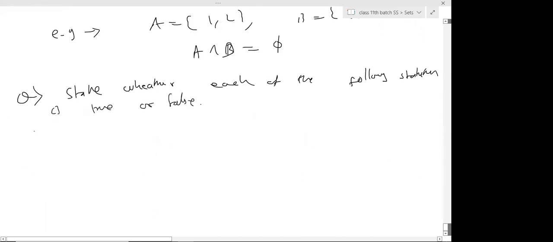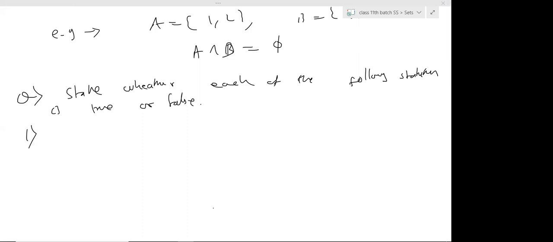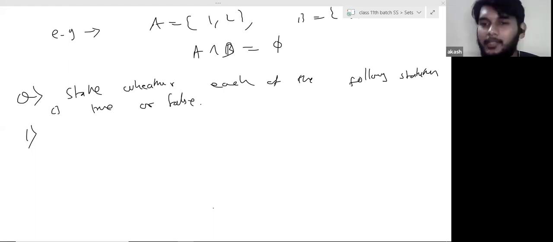Sir, what is the importance of disjoint sets? Before telling this answer, you can tell me why we are studying sets. What is the importance of sets itself?